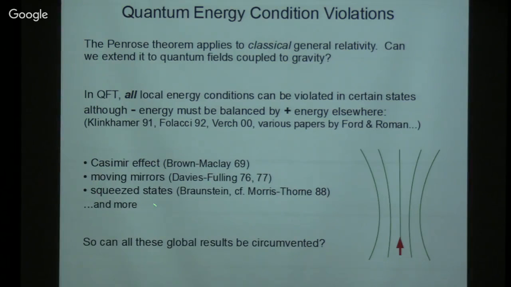Or even something as simple as squeezed states that people make in the laboratory all the time. There's something called a coherent state of light, which is a state that saturates the Heisenberg uncertainty principle. The position and momentum degrees of freedom of the field are in bell curves, or Gaussians. A squeezed state still saturates the Heisenberg uncertainty principle.